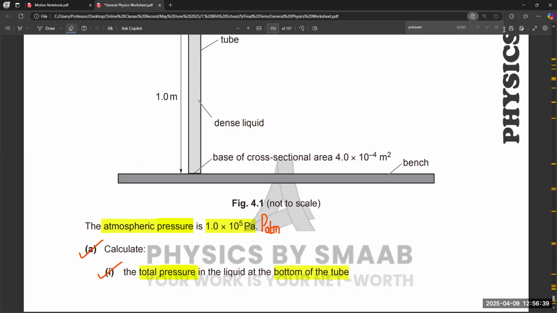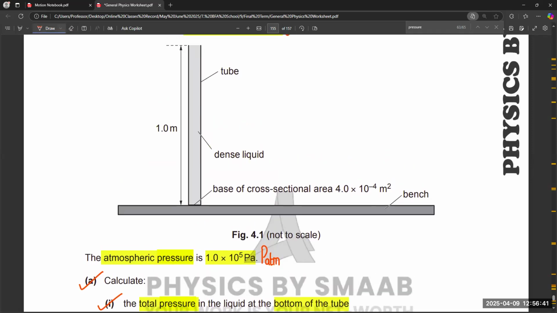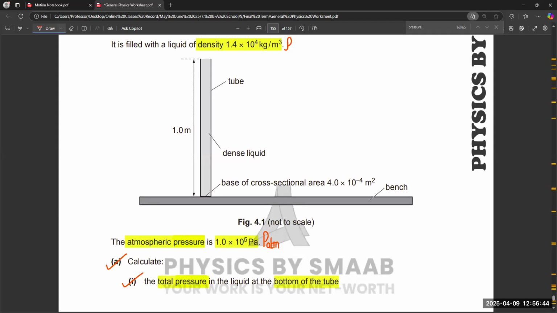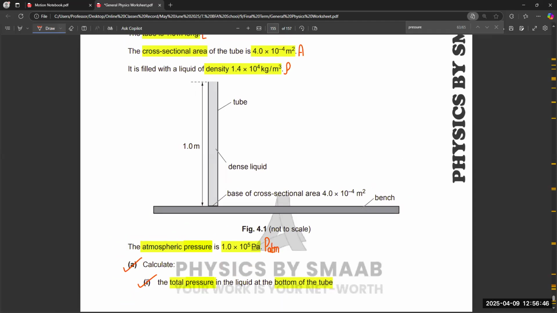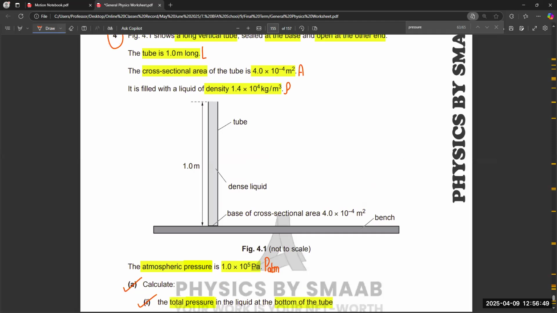So how do we calculate the total pressure in the liquid at the bottom of the tube? According to the diagram, the tube is open from the top. When the tube is open from the top, it means that atmospheric pressure is easily exerted from the top side because it is open to the air. So air particles are exerting pressure on the liquid also. And on the base of the container, we know that the pressure exerted by the liquid is also acting on the base.